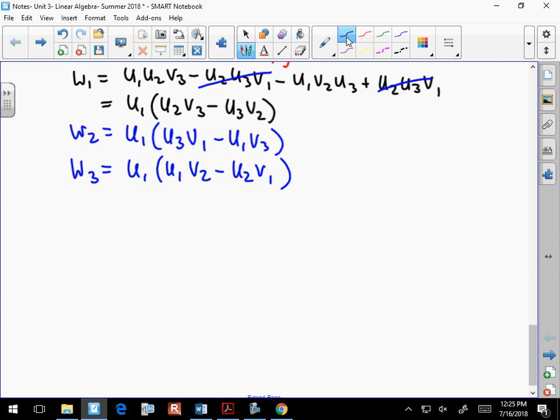It's so close. Yeah, right? I could make this negative U1, giving me U1 V3 minus U3 V1.